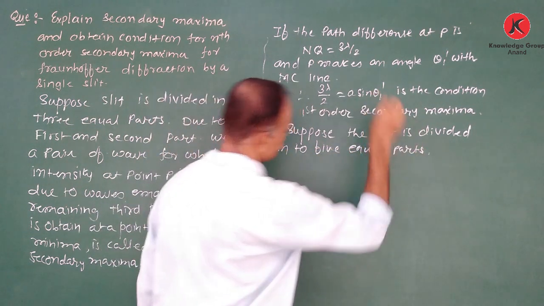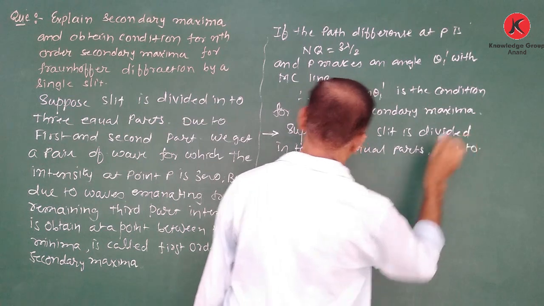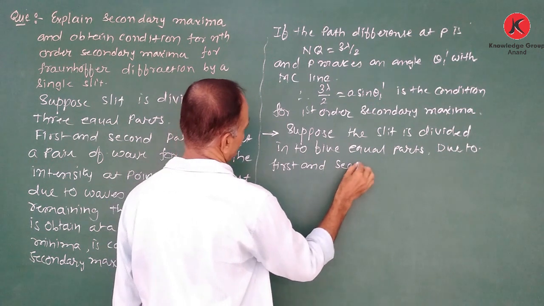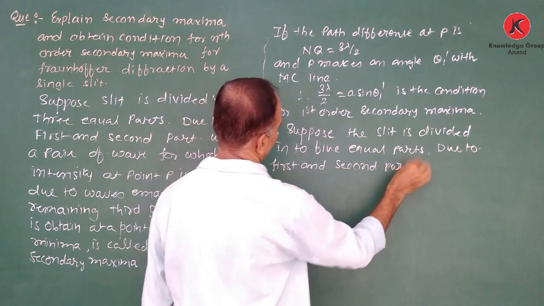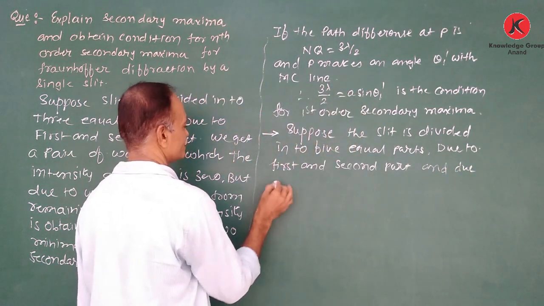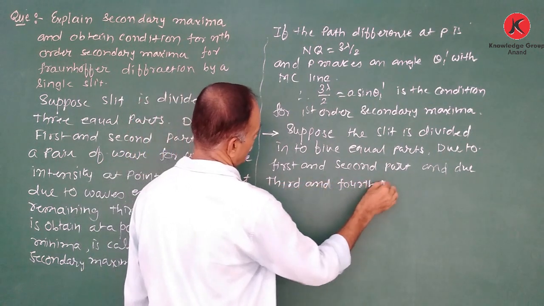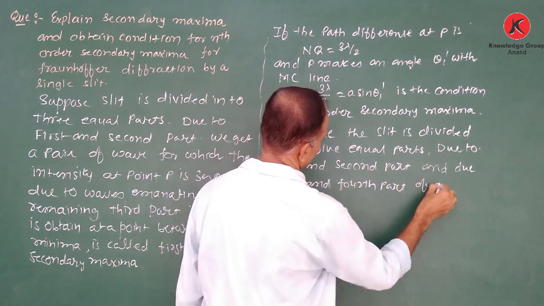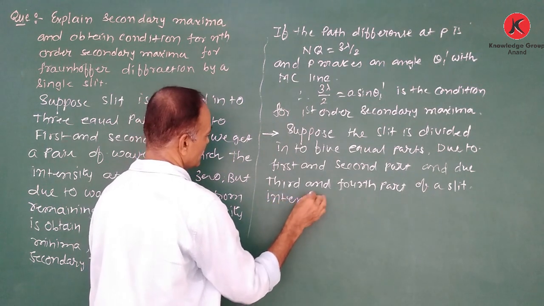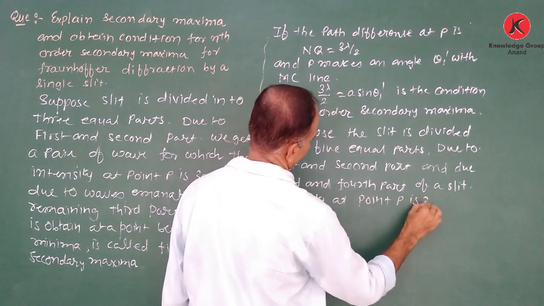Therefore, due to the first and second part, and due to the third and fourth part of the slit, the intensity at point P is 0.